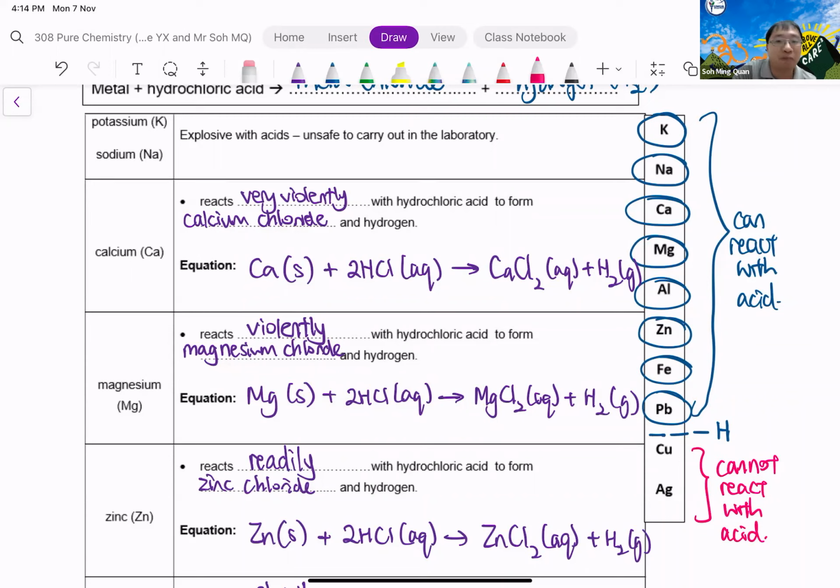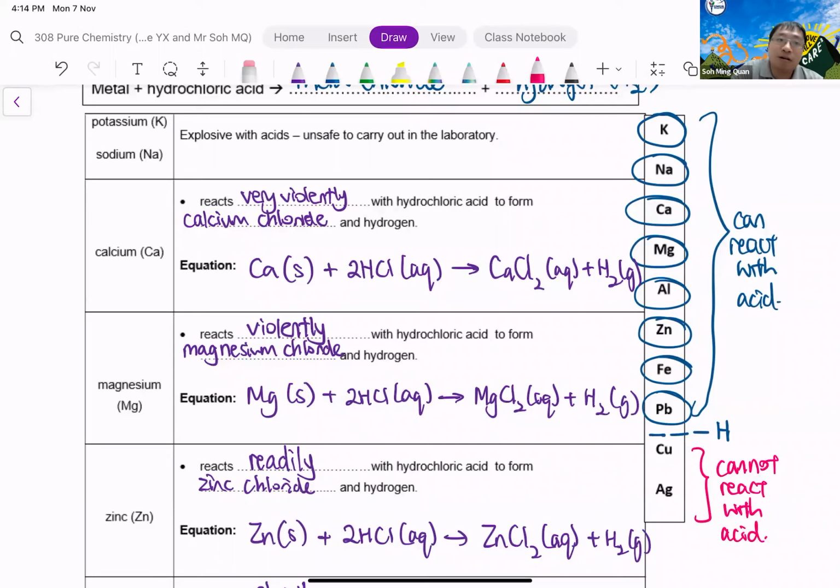So let's hear from a few people. Okay, Jing Kang, do you think aluminium will react with steam? No. Why not? I don't know. No, must be supported by evidence. I think it's the same as lead.